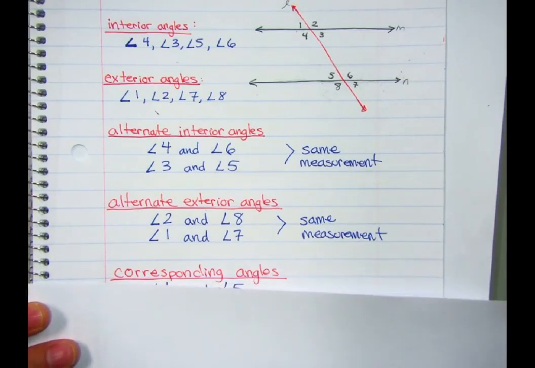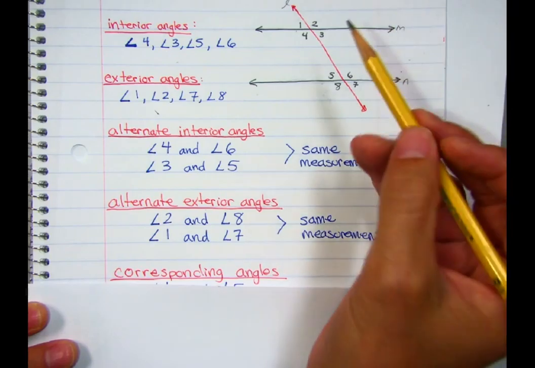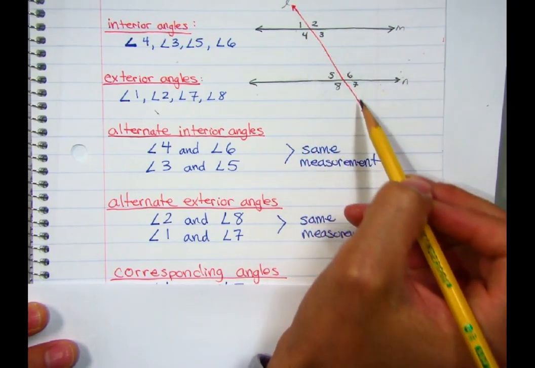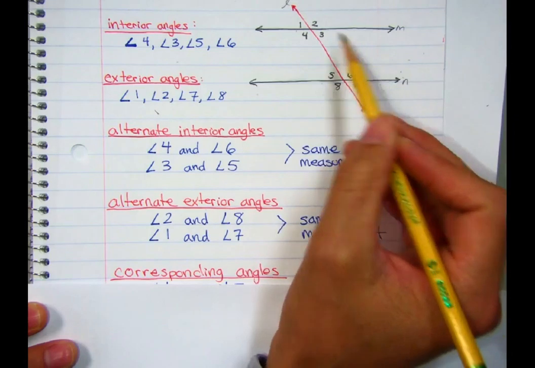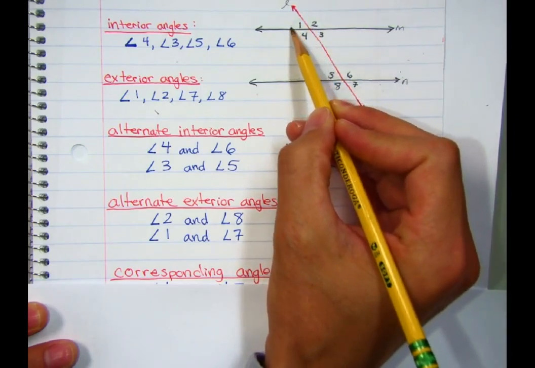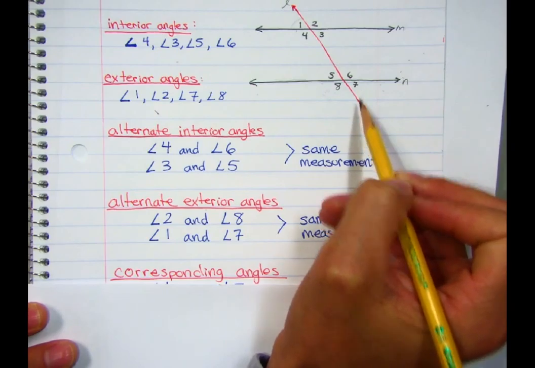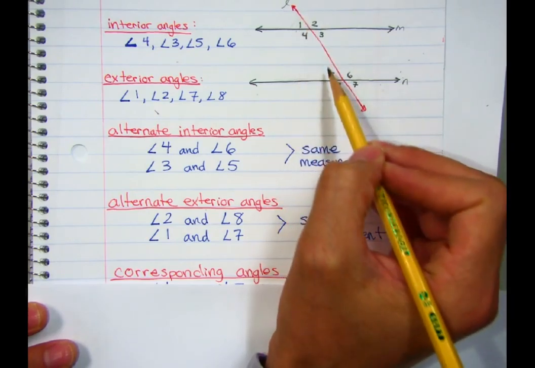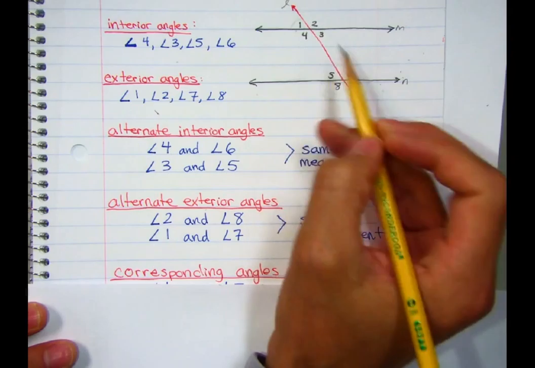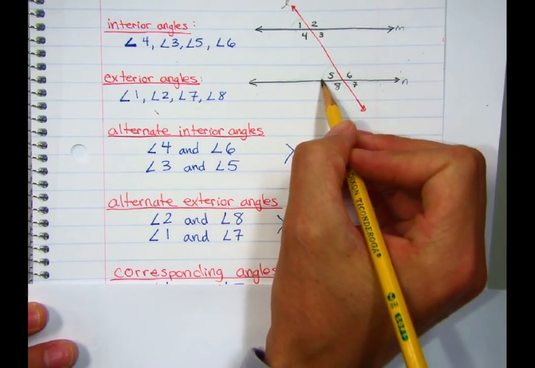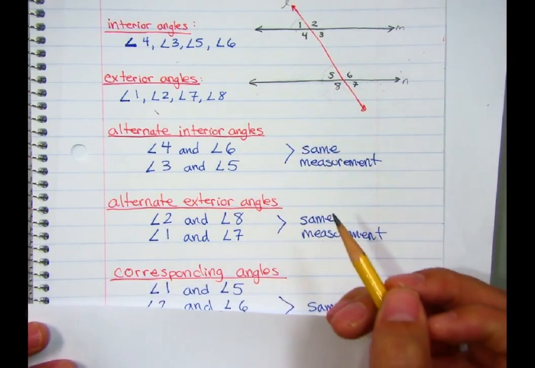A corresponding angle is going to be one that is on the same side. We've talked about ones on opposite sides. This time it's on the same side of the transversal. Same side, but one's in the exterior, one's in the interior. So angle 1 and angle 5 are corresponding angles.